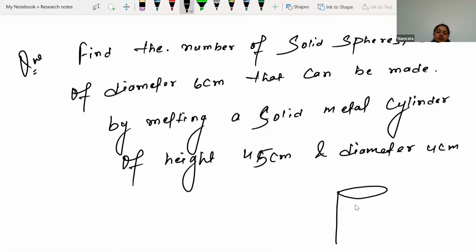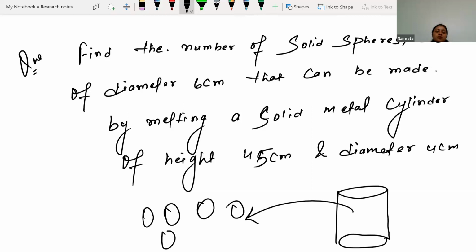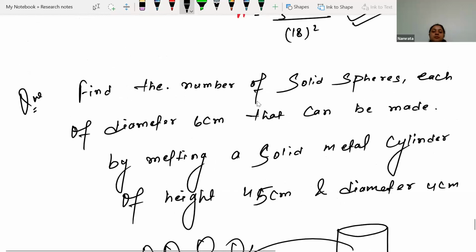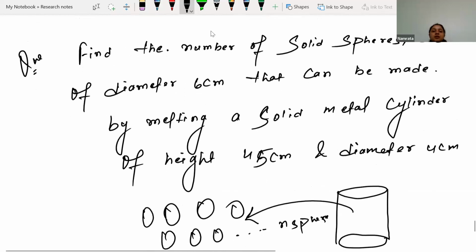We are having a cylinder, we are melting it and making spheres. How many spheres? Don't know. Okay, maybe n spheres we are making. So we have to find the number of spheres only. What can be done over here? Any idea?